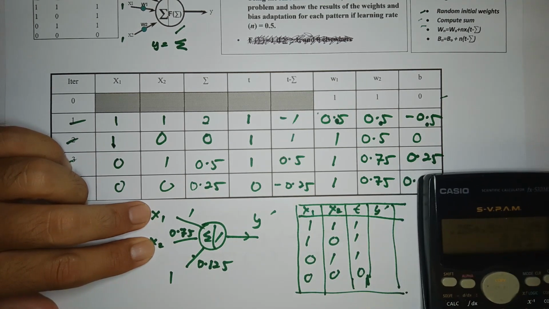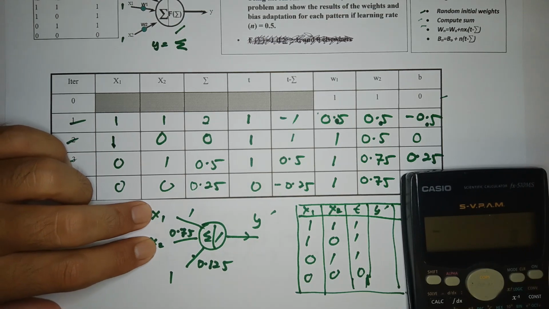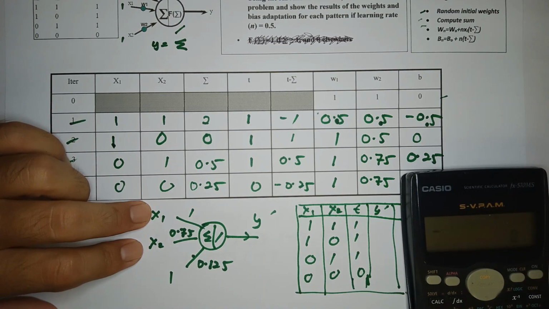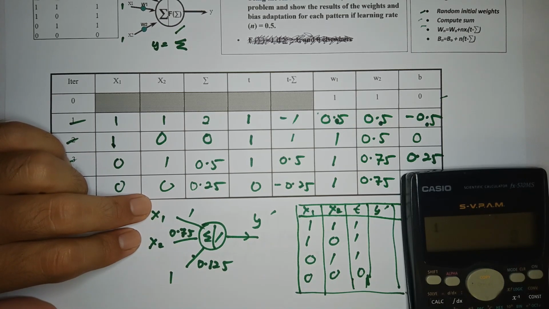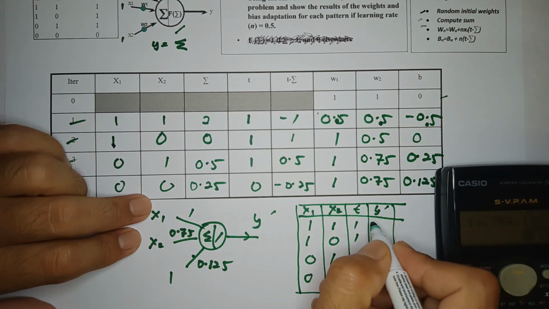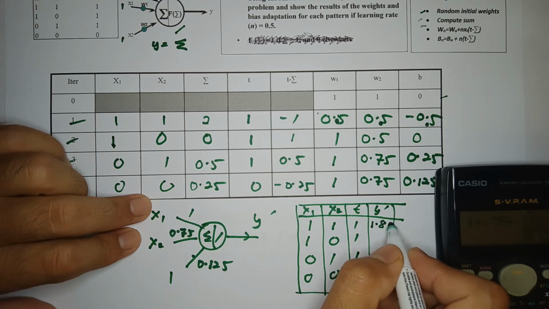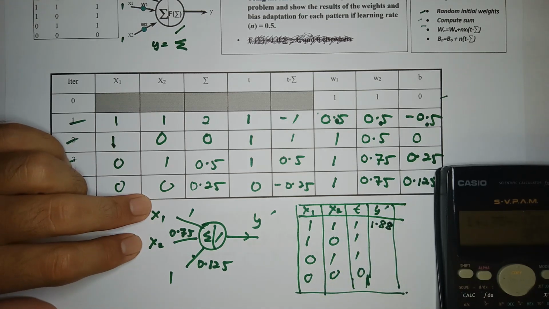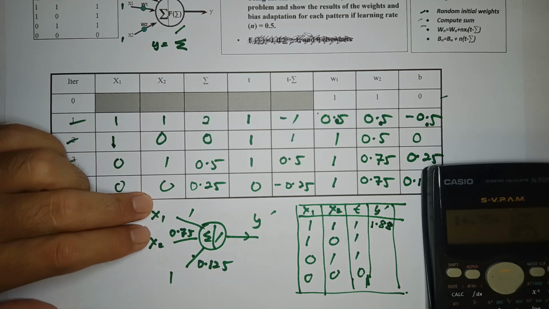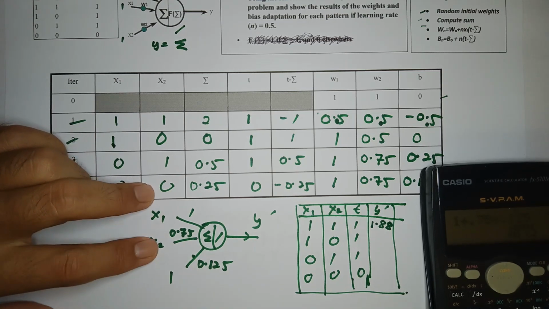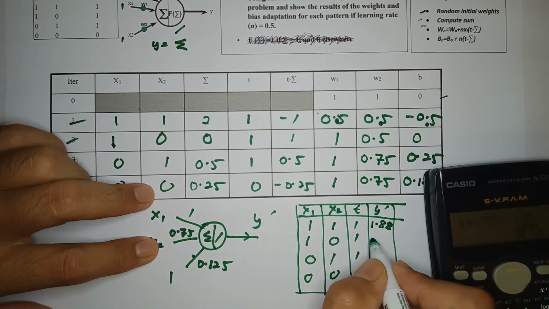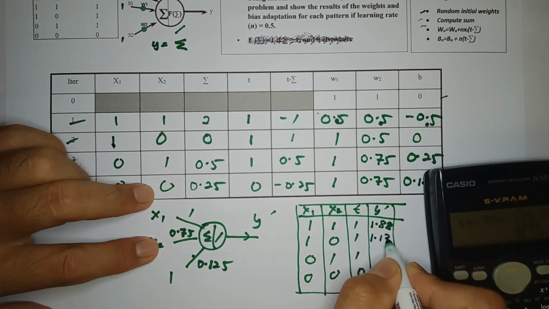So 1 1 here will be equal to, I just put my calculator here so that you can see. Basically for this case, 1 plus 0.75 plus 0.125, which is our predicted output, will be 1.88. Okay, the second part will be 1 0. Since this is 1, this is 0, the output will be 1.13.